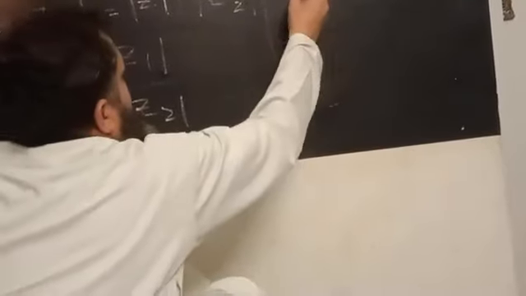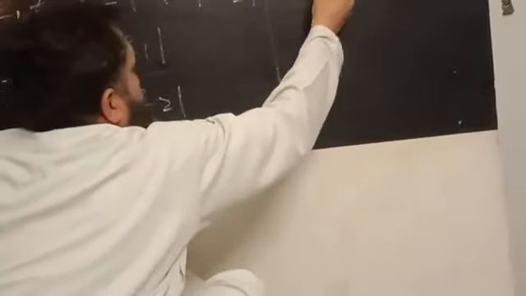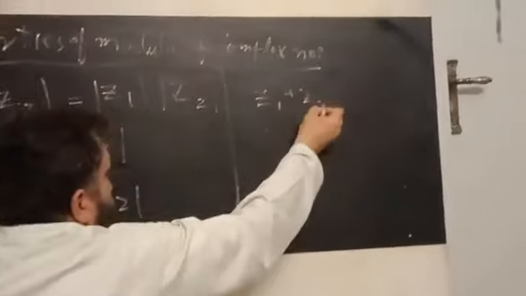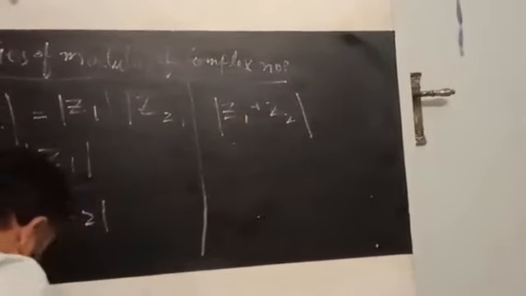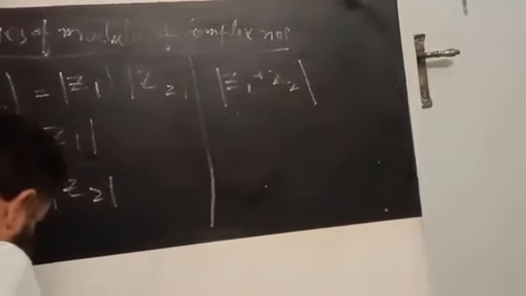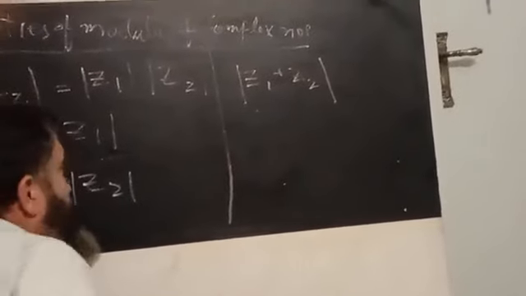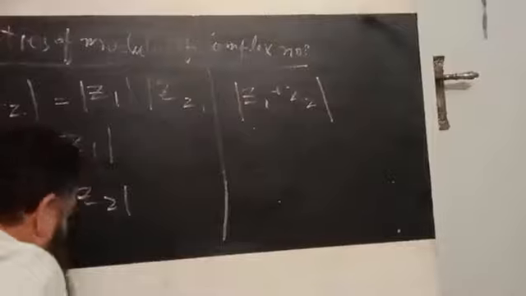That is, z1 plus z2 whole modulus is always less than or equal to z1 modulus plus z2 modulus.